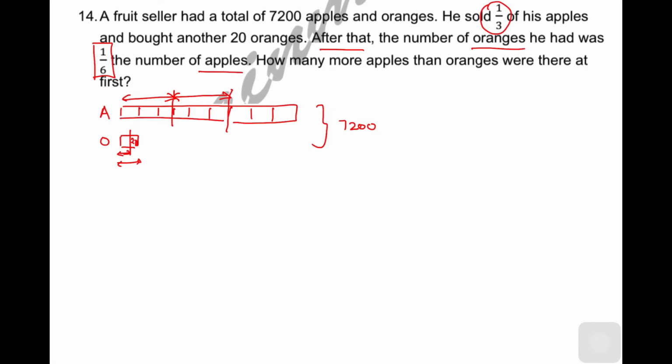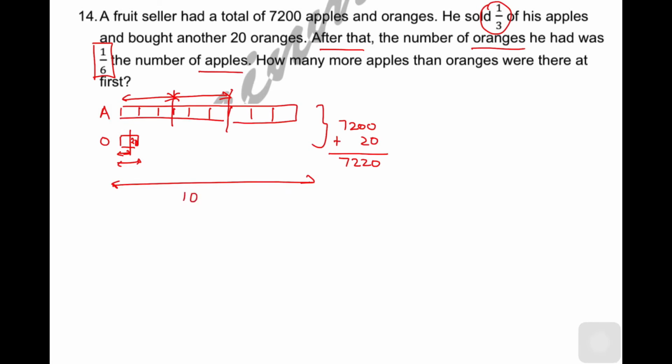So what I will do is include the 20, so I take the original amount 7,200 of apples and oranges and include this 20 here. That will give you 7,220. This results in everything here being 10 units.